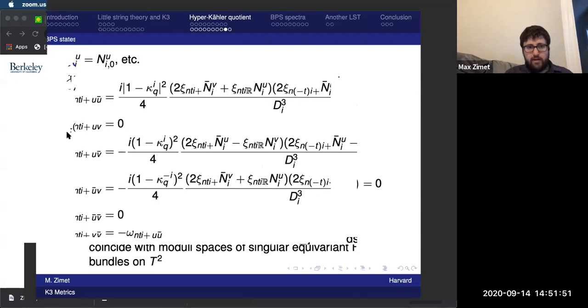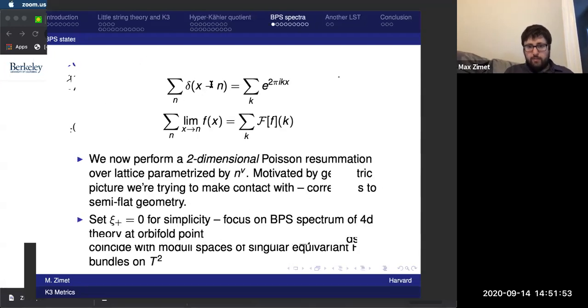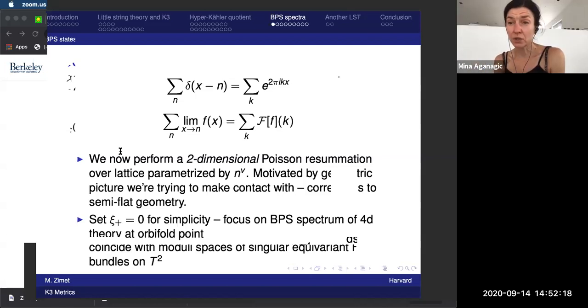But motivated by the SYZ picture, that's supposed to be underlying this Coulomb branch formalism, we're just going to Poisson resum over a 2-dimensional lattice associated to the fibers of this orbifold. So we won't Poisson resum over the lattice that's associated to the T2 base, just the lattice associated to the T2 fiber. So we are doing T duality on T2. Yeah, exactly.